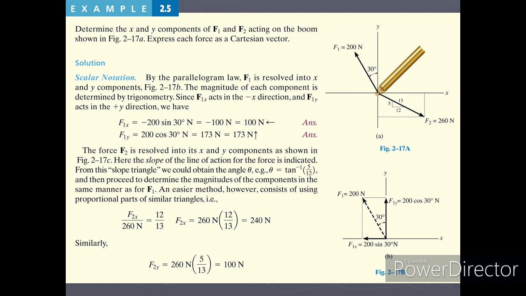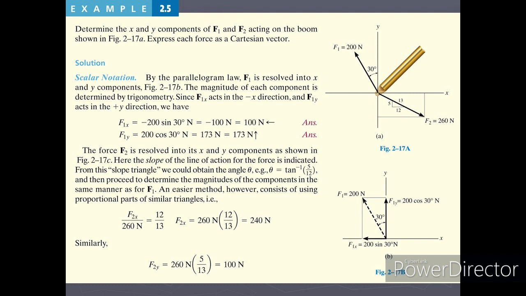So what will be F1y, the scalar component of F1? 200 sine theta? No, the vertical is cos theta.